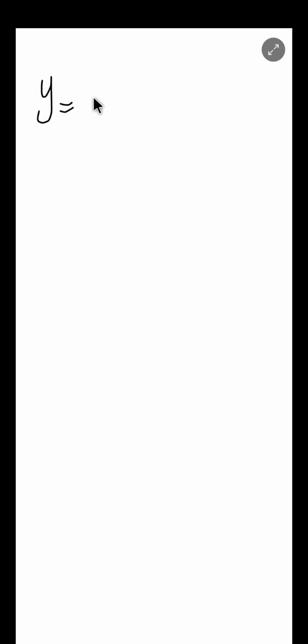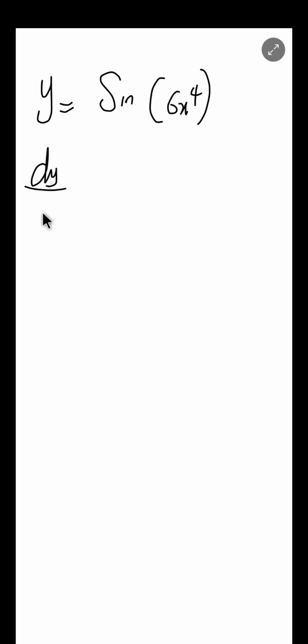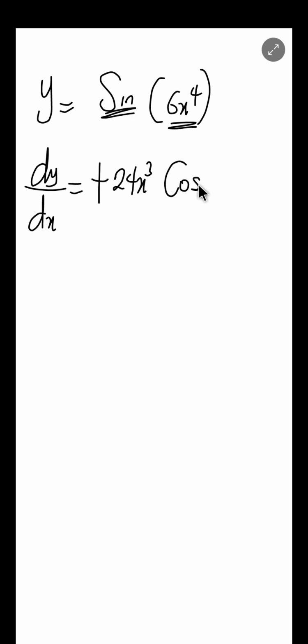If it is sine of 6x to the power of 4, we already believe that our dy dx will be, because sine is always positive, take note. Differentiate this 6x to the power of 4, that's 24x cubed, right? For sine, we always believe that it is cos. Sine is cos. After differentiating, then you have cos of 6x to the power of 4. This is our final answer.